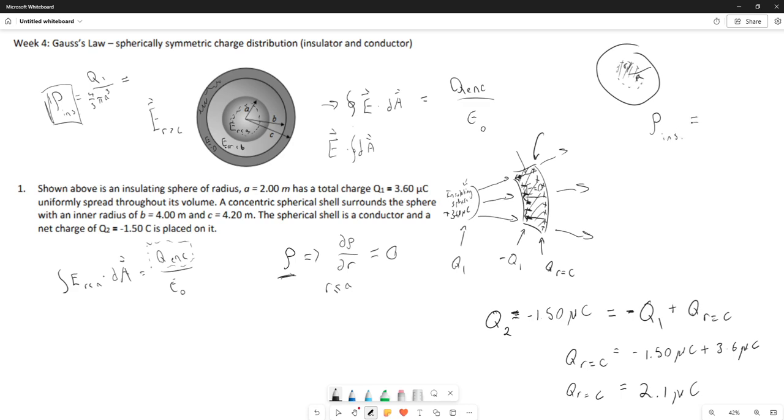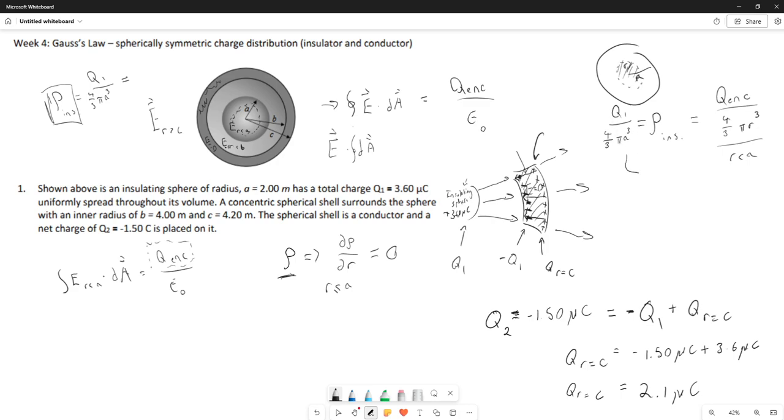But if we want to look at some general volume, with the volume enclosed being a general radius where r is less than A, this still has to equal the same charge density since it's uniformly distributed. And we just said that that's also equal to Q1 over the volume of the total sphere.